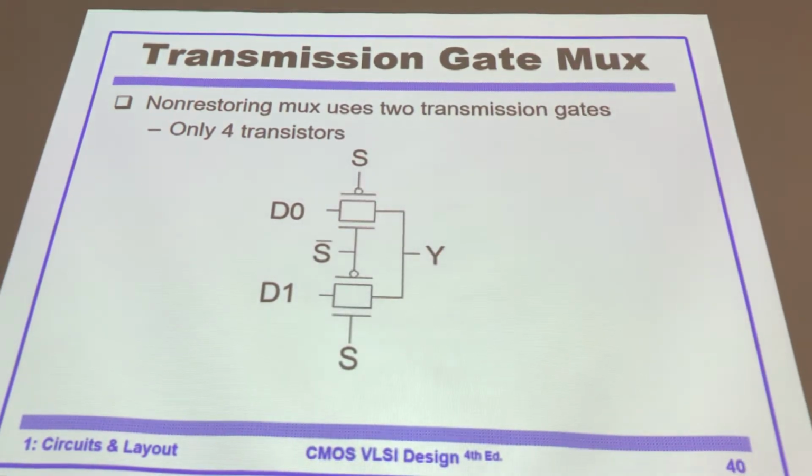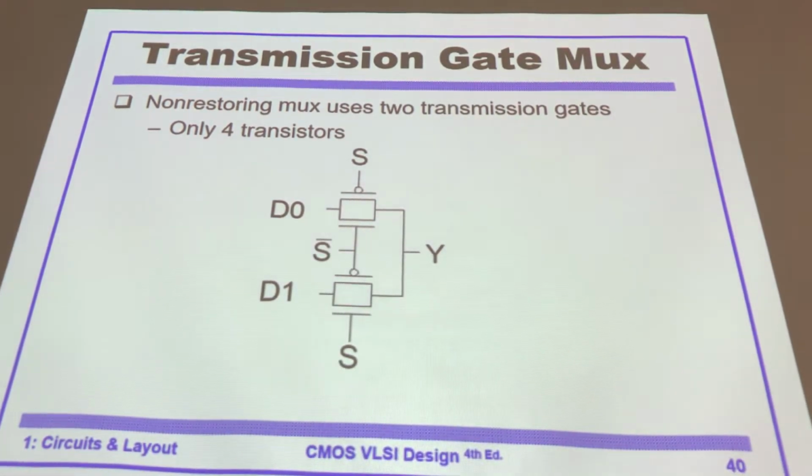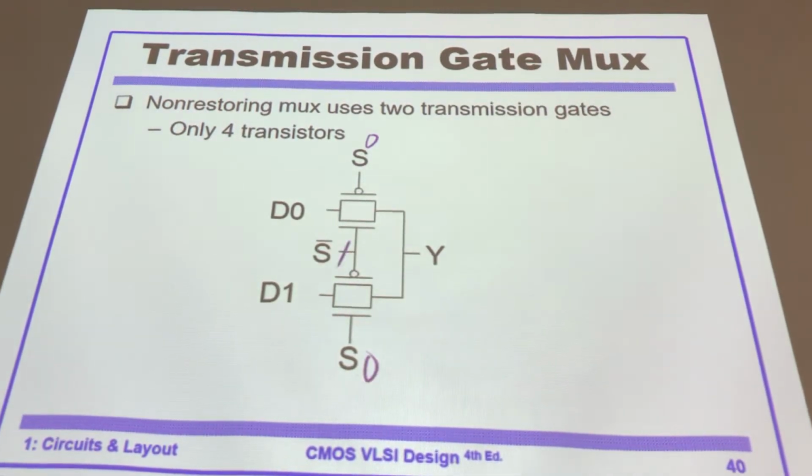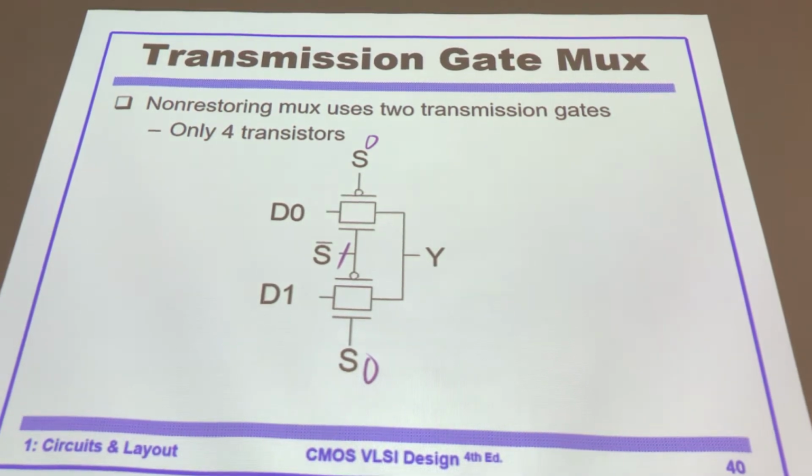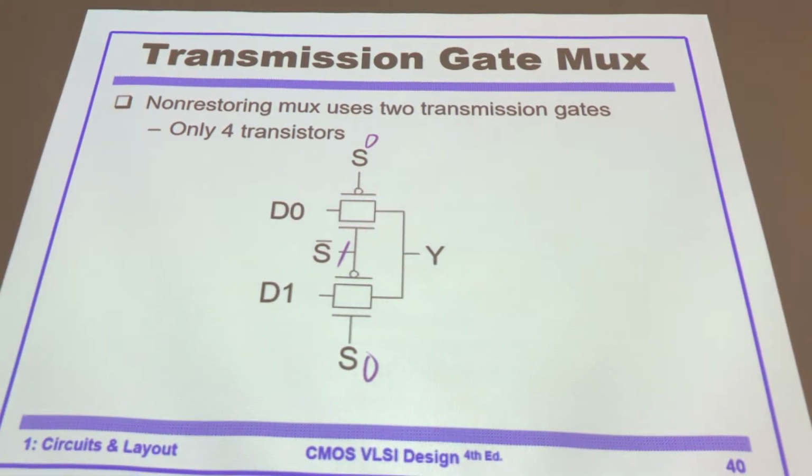So when S is 0, S bar is 1, then this transmission gate is on and this transmission gate is off. So Y gets D0.